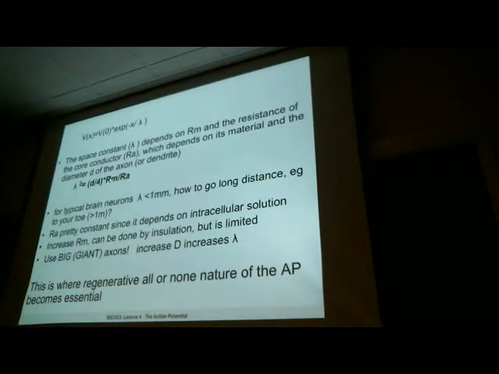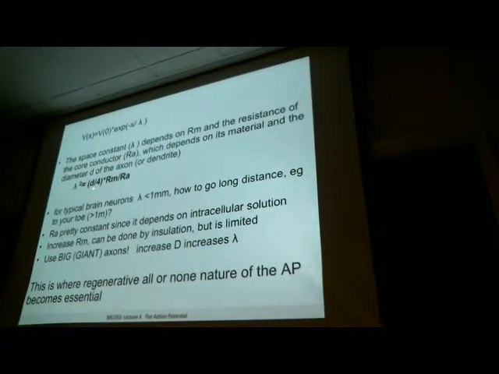But we can also define the resistance axially along the axon, and that's Ra. The square of the space constant is proportional to the ratio of those two. So making one bigger will change the space constant.